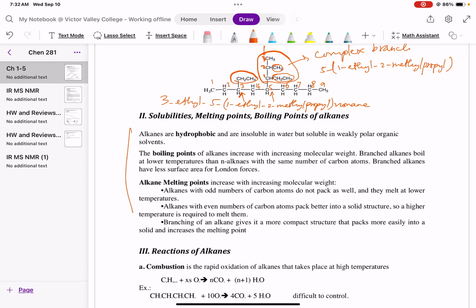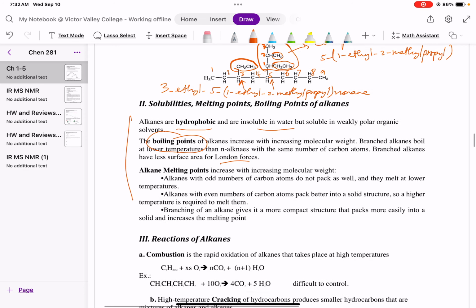Just a little bit of physical property. Alkanes are hydrophobic, obviously, insoluble in water. The boiling point depends on the molecular weight. They are non-polar, with dispersion force or London force, so that's the weakest force.